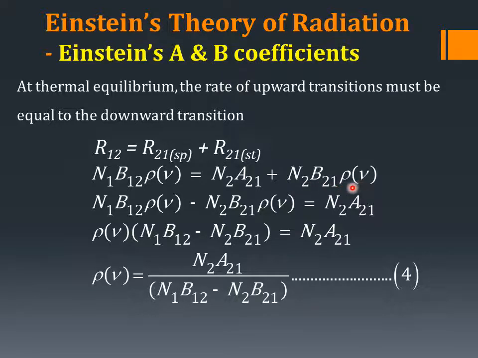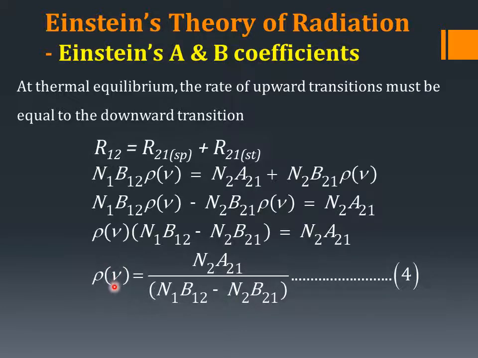The next step, we take N2 B21 rho of nu to the left hand side and we have this expression: N1 B12 rho of nu minus N2 B21 rho of nu equal to N2 A21. Removing rho of nu, which is common in the terms on the left hand side, we have rho of nu into N1 B12 minus N2 B21 equal to N2 A21.